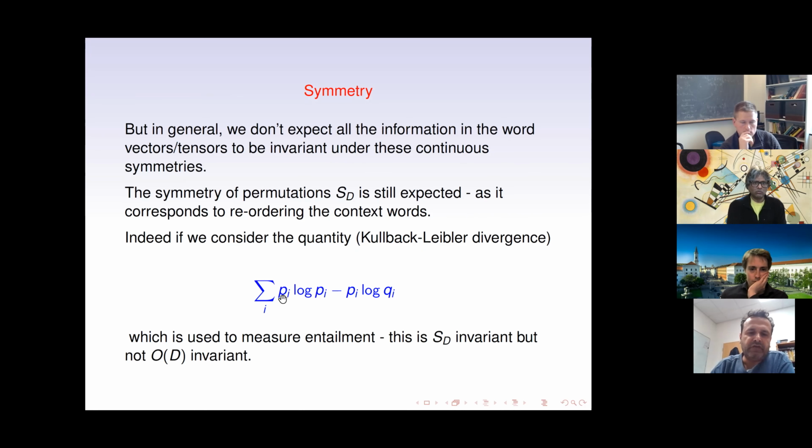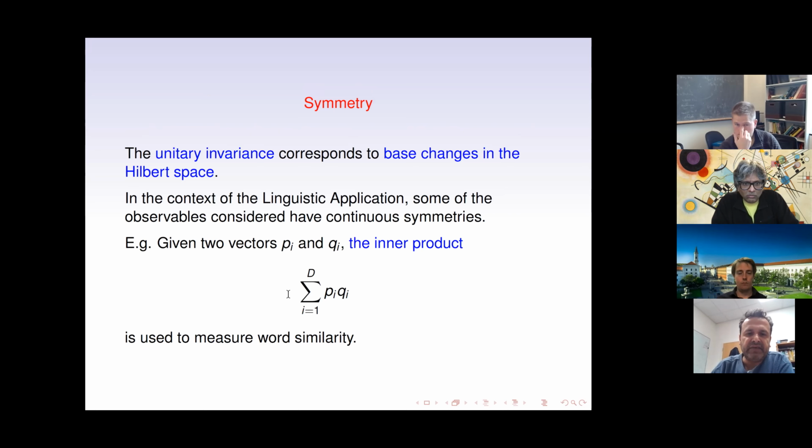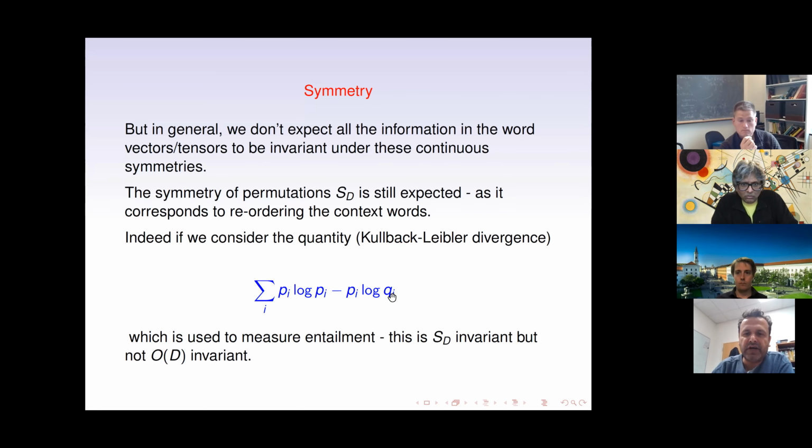For example, one of the things that people study: you could have two different word vectors, P and Q, and here's a formula which you can study as some function of P and Q. This has been argued to measure entailment, whether the word P entails the word Q or not. That kind of expression is no longer invariant under O(D), but it is still invariant under permutation symmetry, which takes P_i to P_sigma(i), Q_i to Q_sigma(i).